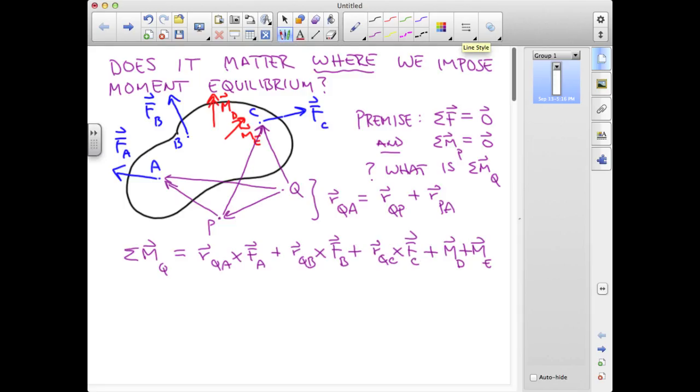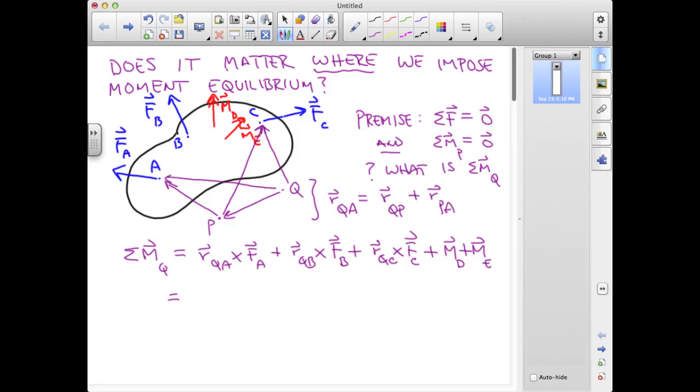Now if I write each one of those relative position vectors from Q to the point of interest, first in terms of the relative position vector that goes from Q to P and then from P to A, what I'll end up with is the following.